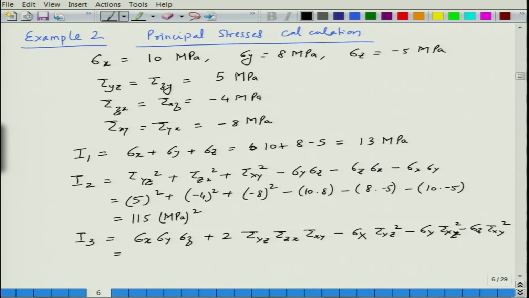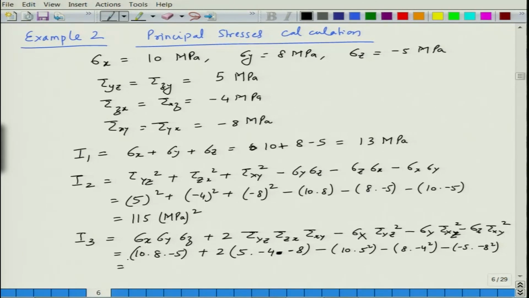So, sigma x is, so we can say this is 10 into 8 into minus 5 plus 2 into 5 into minus 4 into minus 8 minus sigma x, which is 10 into tau yz, which is 5 square, minus sigma y, which is 8 into tau xz, which is minus 4 square, minus of minus 5 into tau xy, which is minus 8 square.